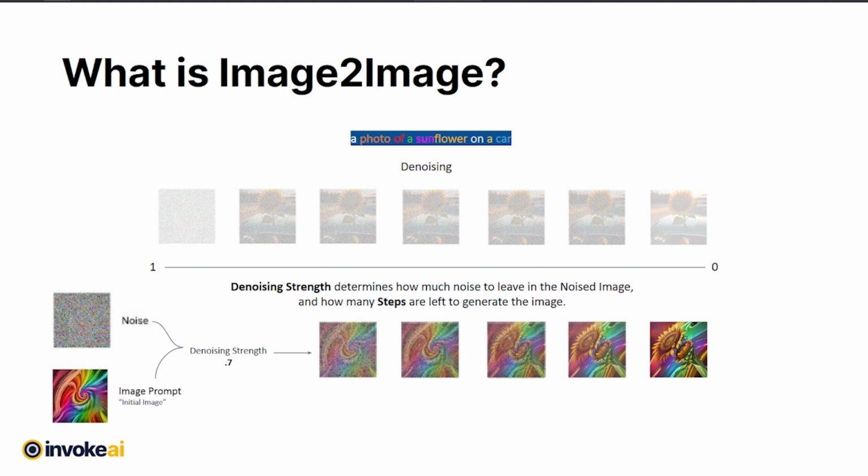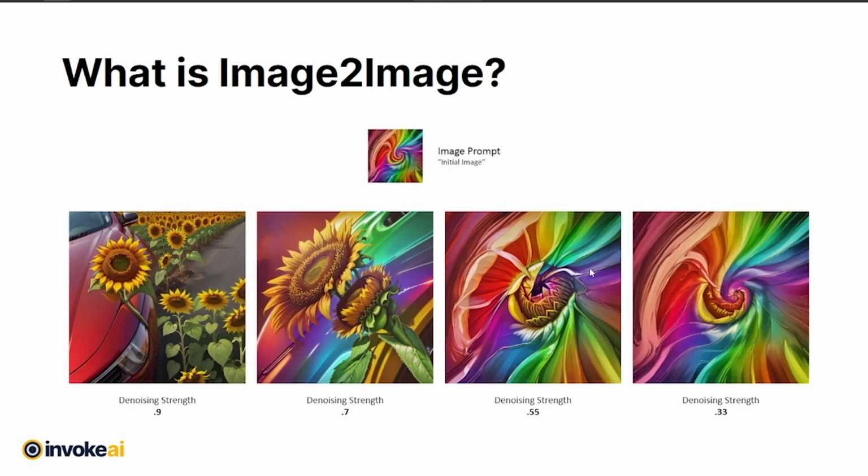If you have a denoising strength that is high, you'll be providing it earlier in the denoising process. The machine learning model will have more time and more noise to work with in order to generate new content in the image. If the denoising strength is low, on the other hand, which means more on the right side of this chart, we would be giving the model less time and less noise to generate the new image, meaning that it'll look a lot closer to our image prompt.